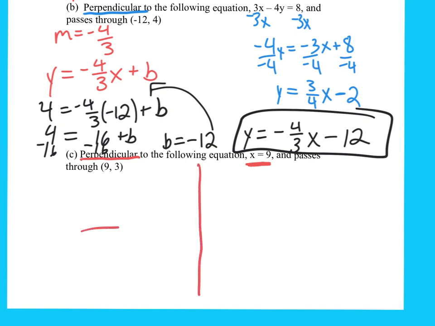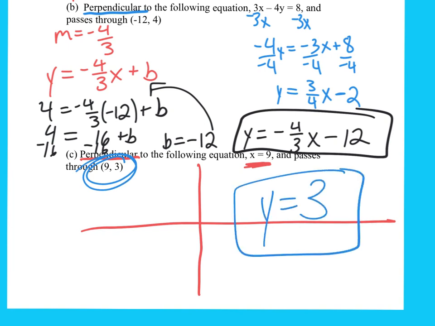What's going to make a horizontal line? So what is the equation of a horizontal line? y equals, right? It's the opposite of x equals. Oh, wait, hold on, not y equals 9. What's your y here? 3. y equals 3.